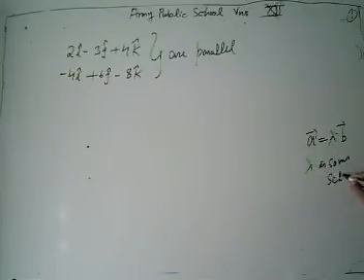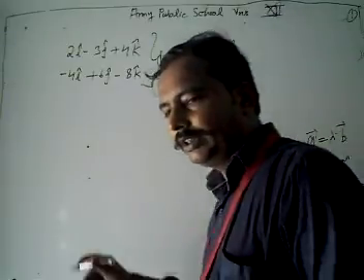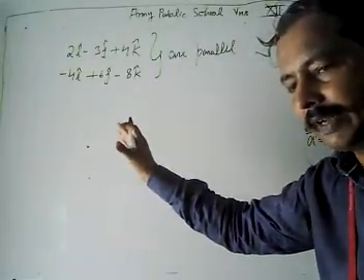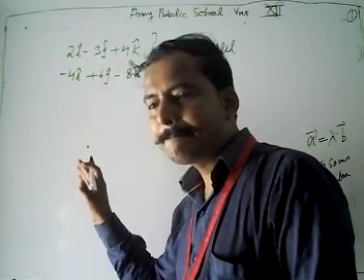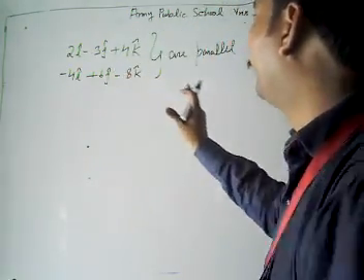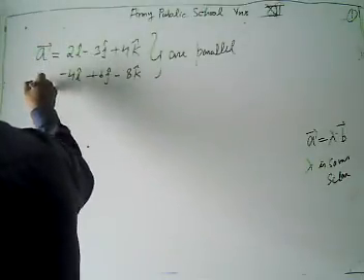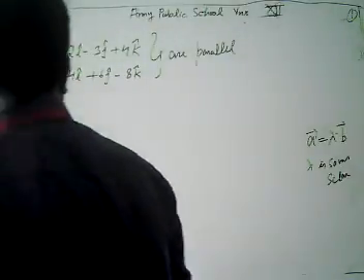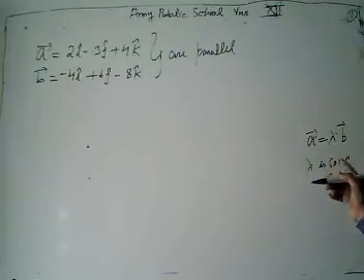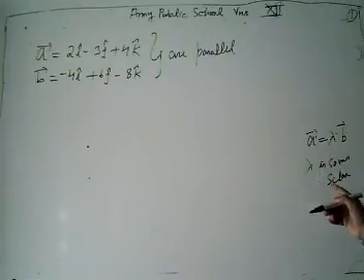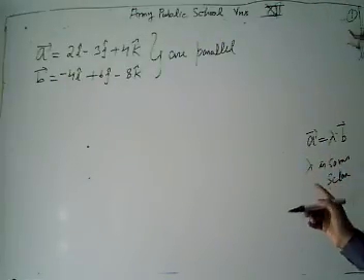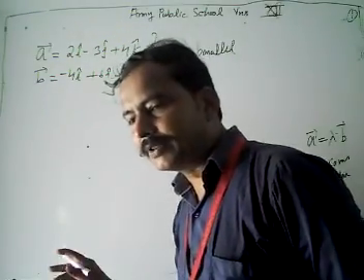So to show the given vectors are parallel to each other, take this as vector A and this as vector B, and show that vector A is equal to lambda times vector B.